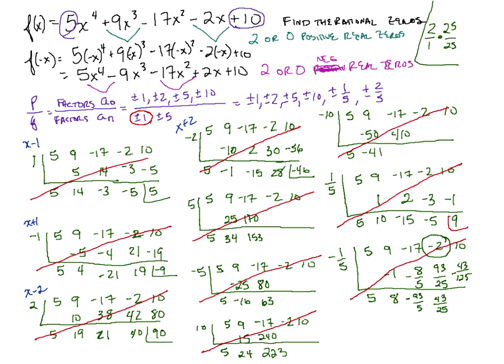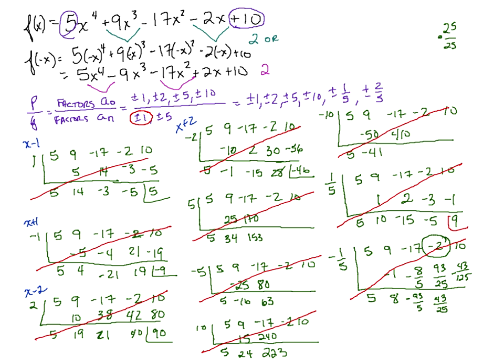For example, let me erase a little bit of the space up here. Say you have a graph of some polynomial function, and it just kind of does this. And it never crosses the x-axis, there are no real zeros there.